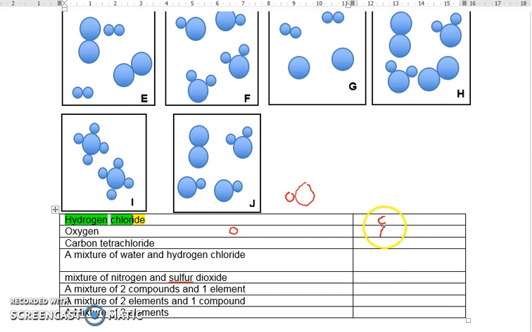Now for carbon tetrachloride, again the IDE suggests to us that it is a compound. But the tetra means that there are 4 chlorines in this case connected to 1 carbon. So it should look something like this. 1 with 4.